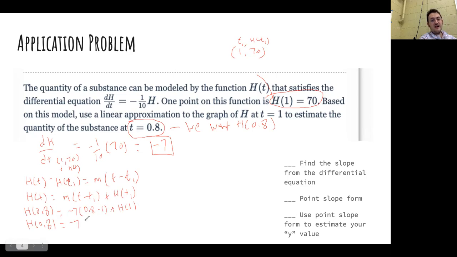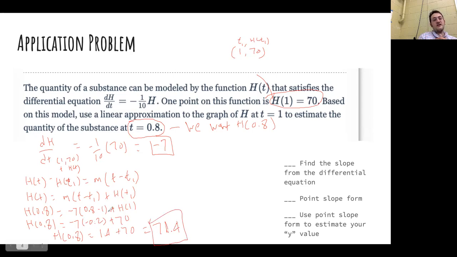Net 0.8 minus 1 is -0.2. And then h of 1 is 70. So that's my initial condition. So then I got -7 times -0.2. And that's 1.4. So I'm going to say that h of 0.8 equals 1.4 plus 70 for a total of 71.4.